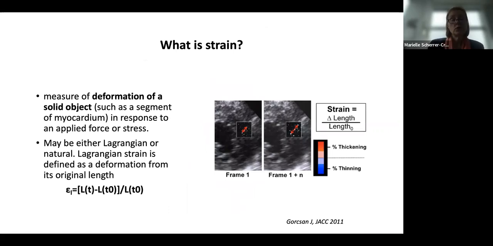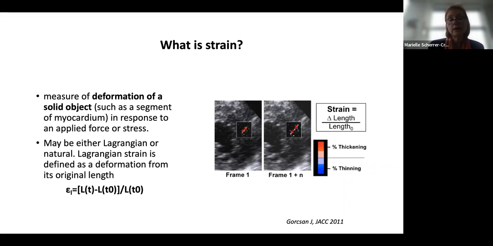So those two things, the variability and the lack of sensitivity, have led to the development of other parameters. And many of you in this audience are probably familiar with strain, which has generated a lot of press over the last 10 to 15 years.